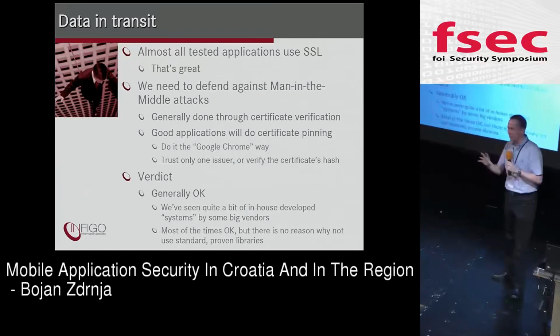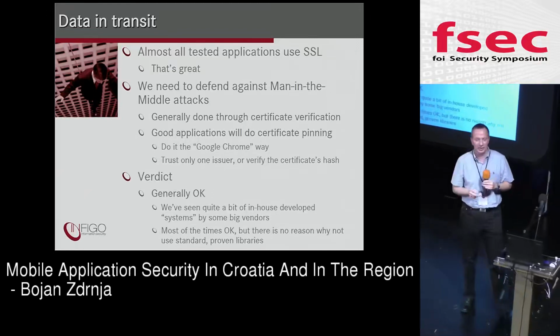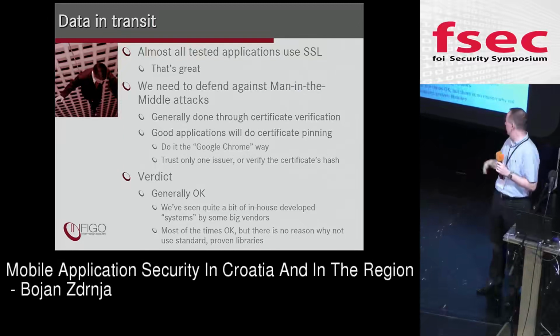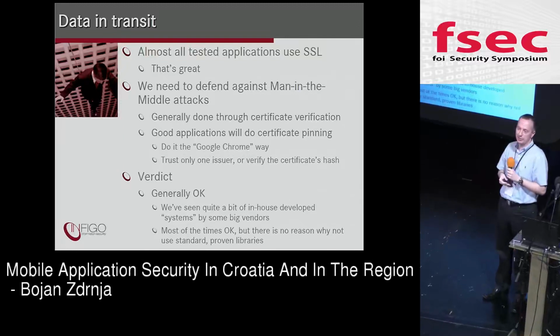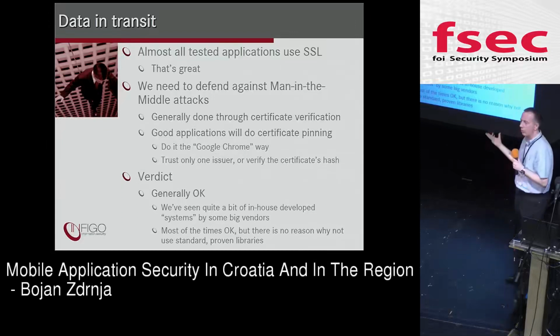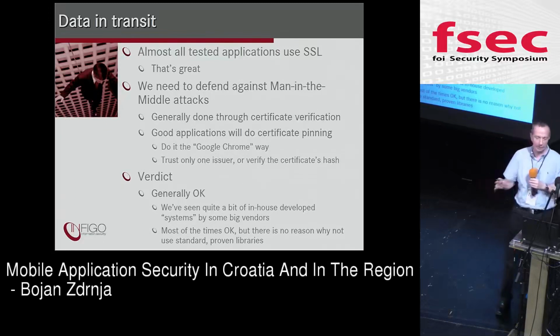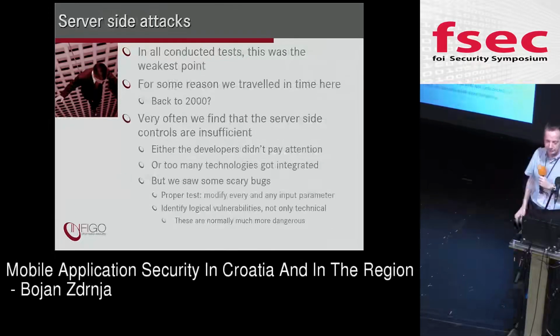They use some kind of SSL simulation, let's call it that way, which works okay. Maybe the problem with that particular approach is that if some new vulnerability gets published for that encryption algorithm, then that particular vendor has to fix it. If you use the OS provided libraries, I'm pretty sure that Apple will fix it before. But this is generally okay.